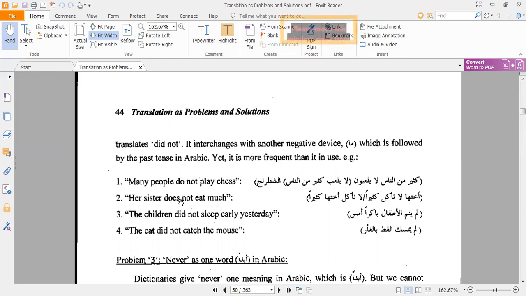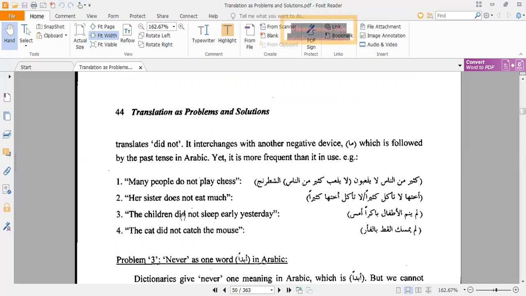Her sister doesn't eat much. هنا عندي doesn't وبالتالي هستخدم not هترجمها كلا. لا تلعب أخت أختها أو لا تأكل أختها الكثير من أو من الكثير من الطعام أو ممكن أختها لا تأكل كثيرا.